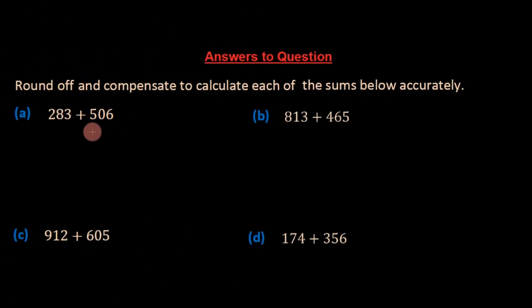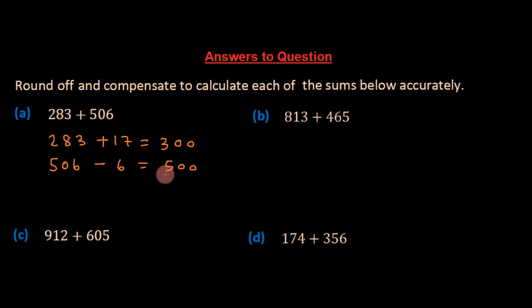Let's look at your answers to this question. In A, we have 283 plus 506. We're going to round 283 up to the nearest 100. So 283 plus 17 will give us 300. 506, we're going to round down to 500 by subtracting 6.